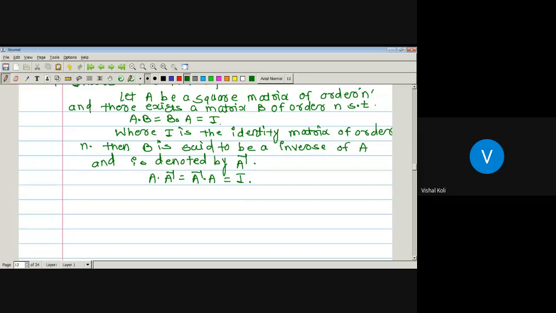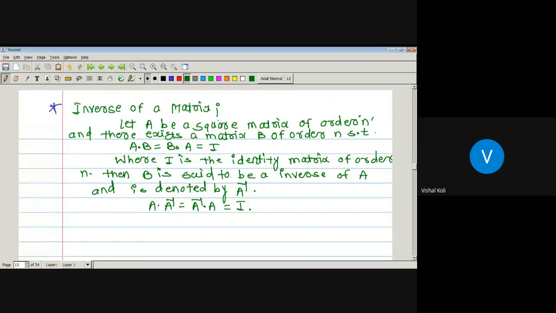If B is the inverse of A, then A is the inverse of B. Okay, so either we can say B is the inverse of A or A is the inverse of B. Both are the same thing. That is, if B is the inverse of a matrix A, then A is the inverse of a matrix B. Okay, so this will be the definition of an inverse of a matrix.